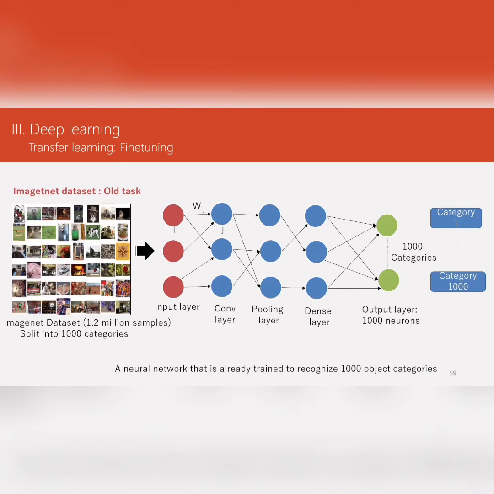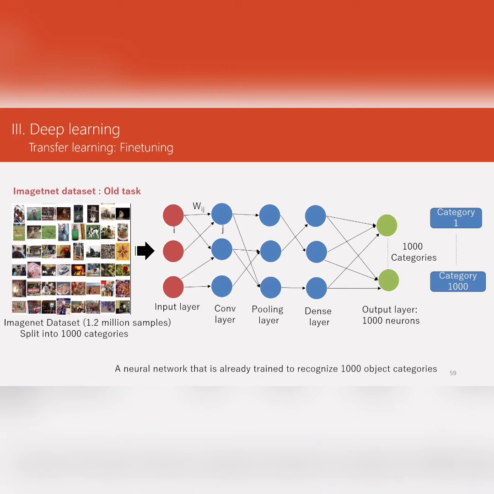So let's see how to use transfer learning or fine-tuning with a neural network. This is a real example that is actually used in convolutional neural networks. Suppose that we have a dataset of 1 million images called the ImageNet dataset, and this is our first task. We have already created a model to classify images from this dataset into 1,000 categories.